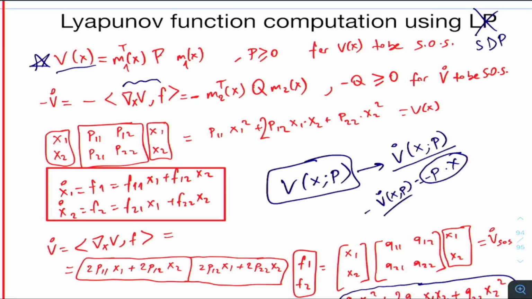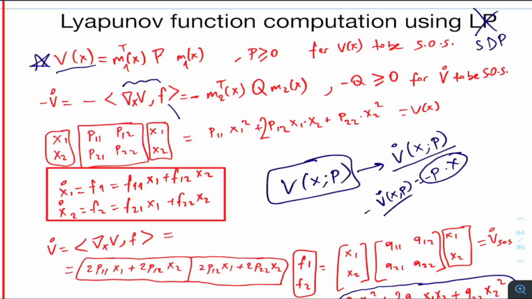But we want minus v dot to be an SOS. So again, we are going to parameterize this, and to parameterize, we are going to again use basis functions, like, you know, this was the basis function that we use for v of x, right? And we are going to use another probably higher dimension of basis functions because of the reasons that I'm going to explain to you. And actually, this is not a big reason.